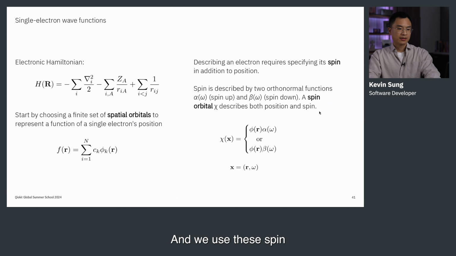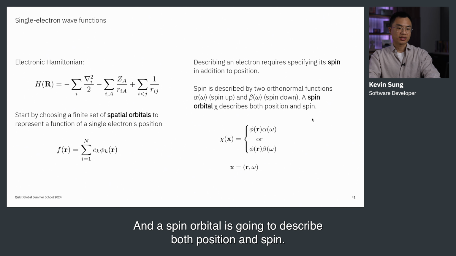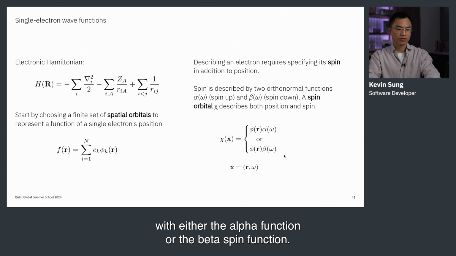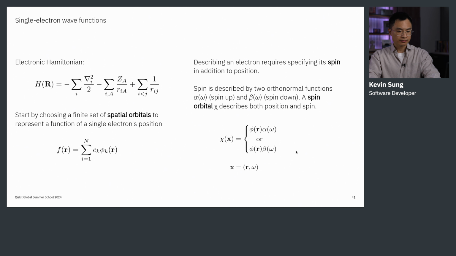We use these spin functions together with the spatial functions to construct spin orbitals. A spin orbital is going to describe both position and spin, and it is a product of a spatial function with either the alpha or the beta spin function. The result is that the coordinates for an electron include position and spin.